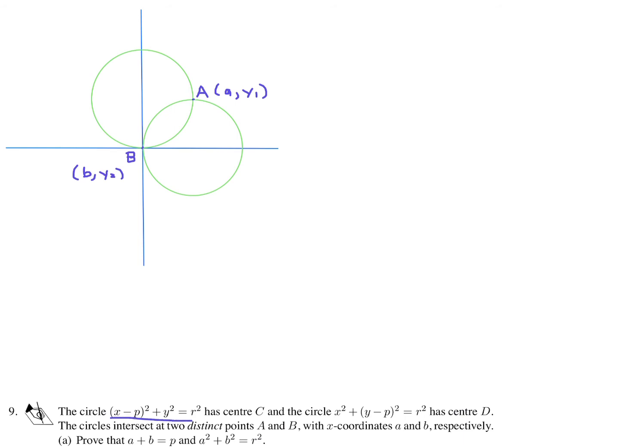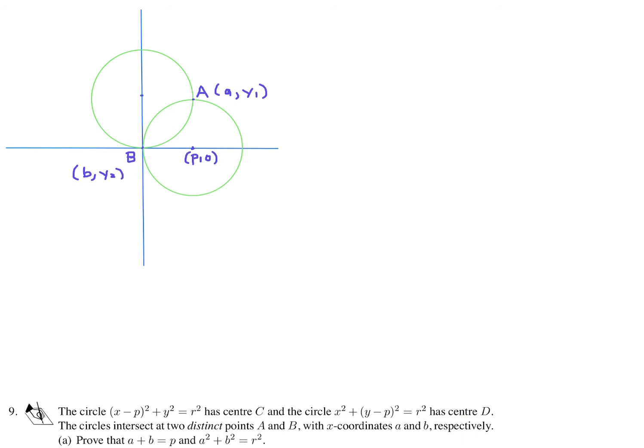And they tell me these equations, and that's somewhat helpful. It basically tells me that the first one is a circle with center (p, 0) and radius r. So this is (p, 0) right here, this point. And then the second circle is right here, and that has a center of (0, p).